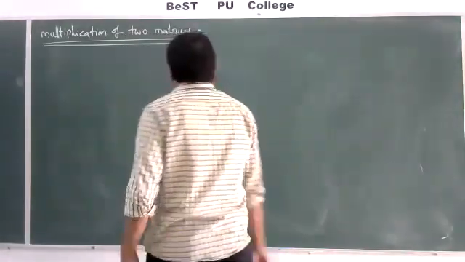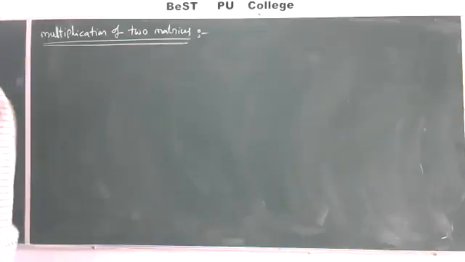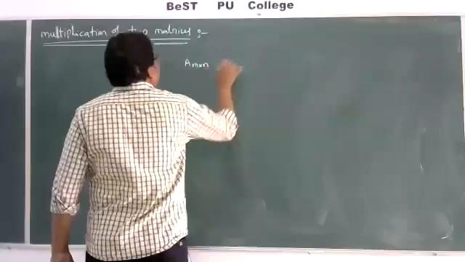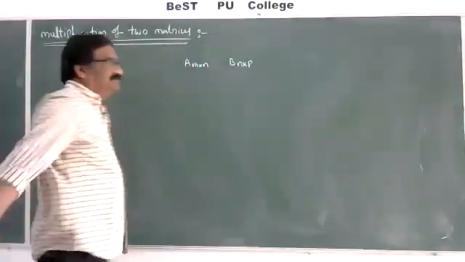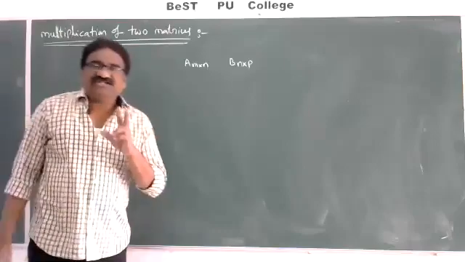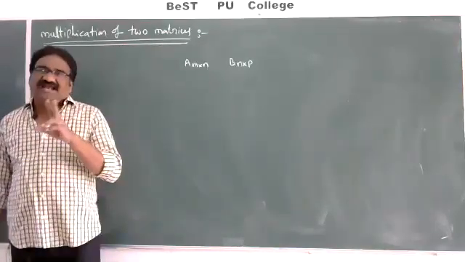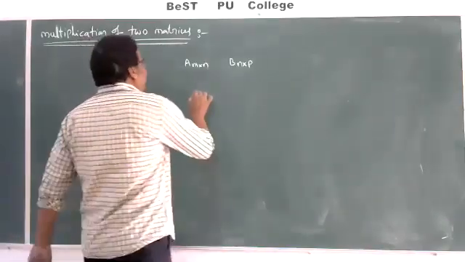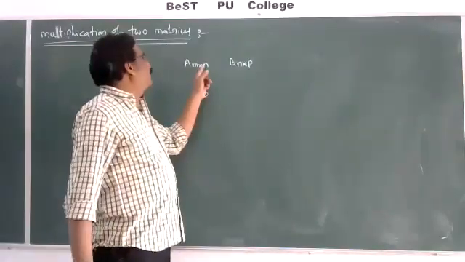So multiplication exists for two matrices. For example, A is an m by n matrix and B is an n by p matrix. Multiplication exists for the two matrices A and B. We require AB.